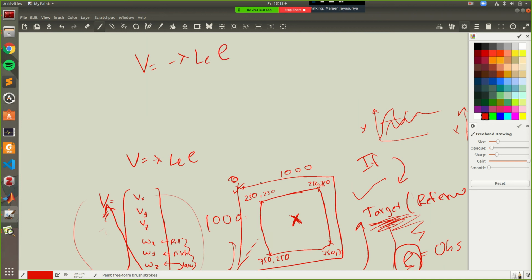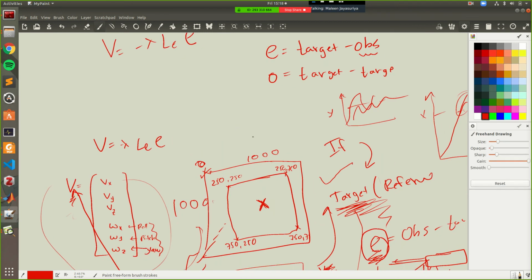When you keep coming closer, what's going to happen to the error? What is your error? The difference from the target. So approximately zero. Yeah, when your observation reaches the target, your error becomes zero, and then your velocity becomes zero.